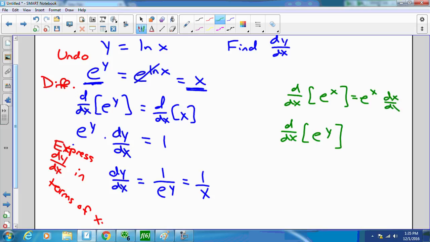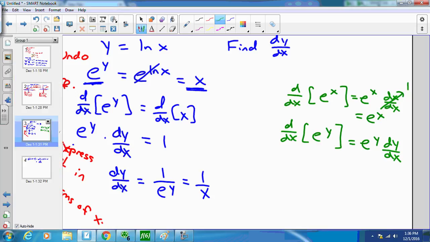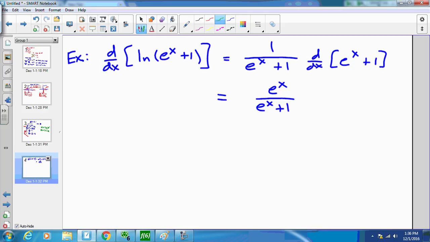Yes, exactly. So the chain rule is always in operation. However, dx/dx is simply 1, so I simply get e to the x, whereas here, I get e to the y times dy/dx, or 1. Better? Okay.